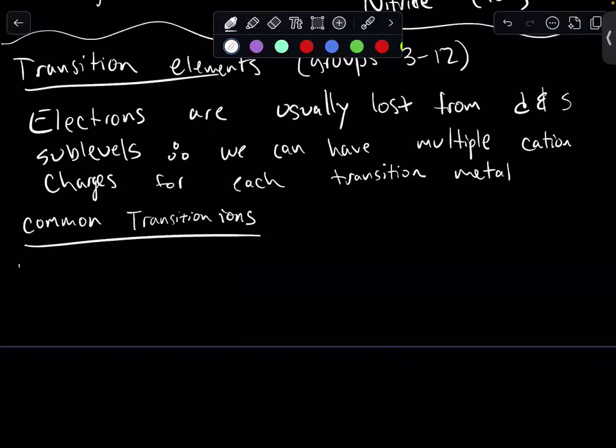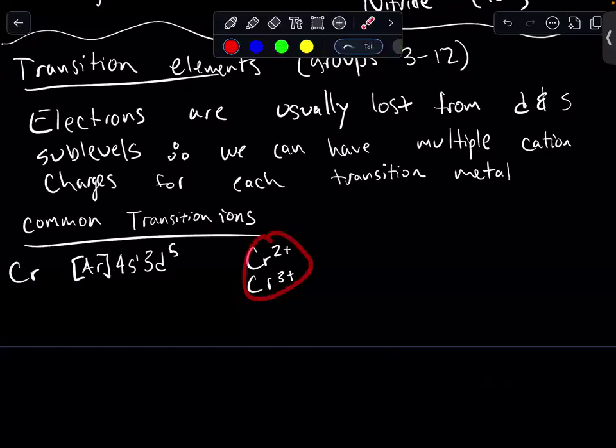So first off, we have chromium, Cr, which has the electron configuration [Ar] 4s1 3d5. You'll notice we fill the s and d orbital pretty simultaneously. It can form two different ions. It can be Cr2+, or it can be Cr3+, which, much like metals, we would want to say chromium ion, but how do we know which of these we're talking about when we say chromium ion?